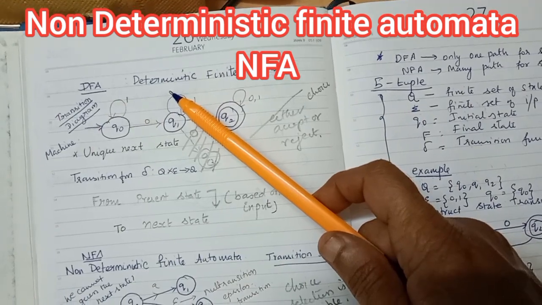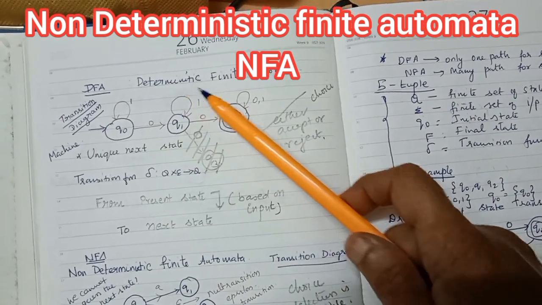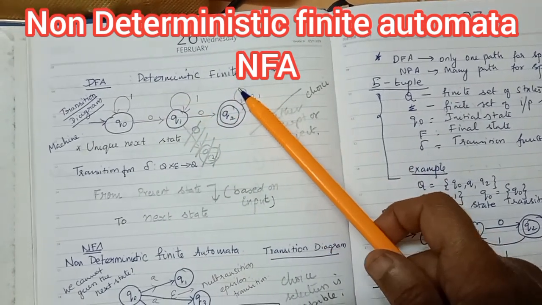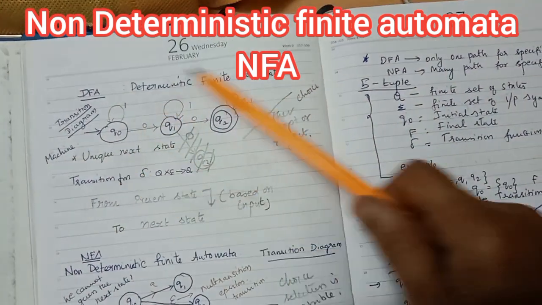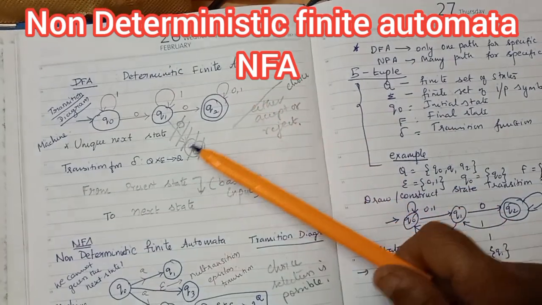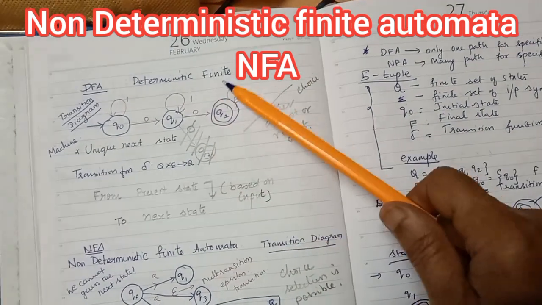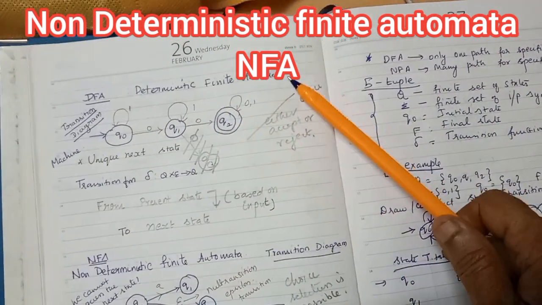Dear students, now we are going to see deterministic finite automata. This is a 5-tuple machine.